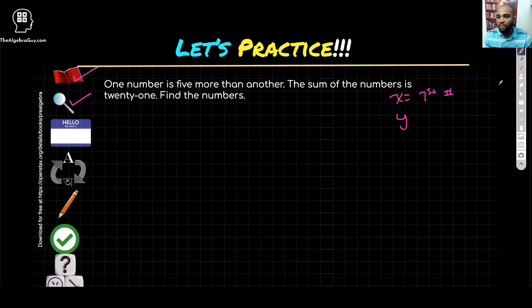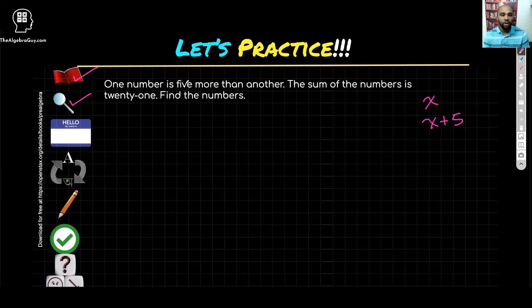One number is 5 more than the other. Let me do it this way, because I learned this is a lot better. One number is X, and another number is X plus 5. Instead of writing X and Y, it's a lot easier to do it this way, because it's that same number and 5 more.